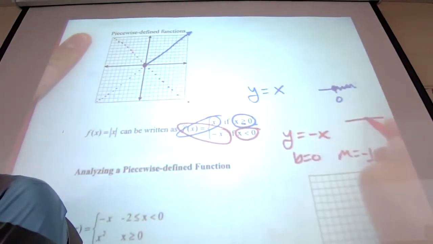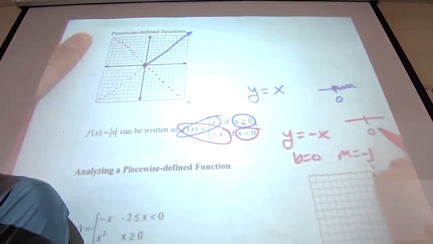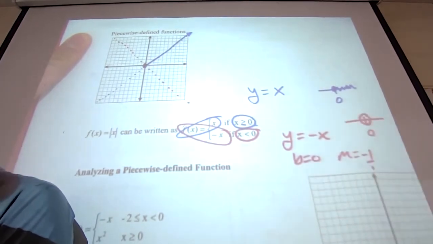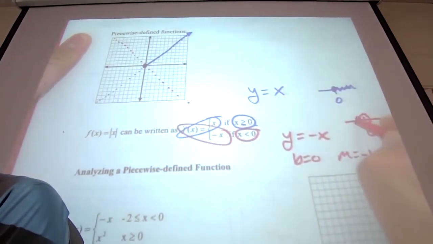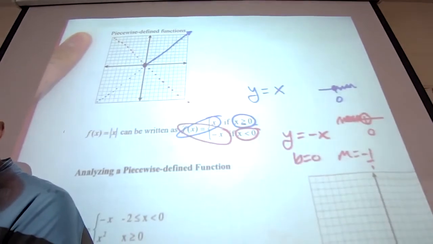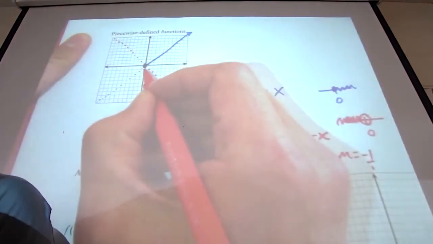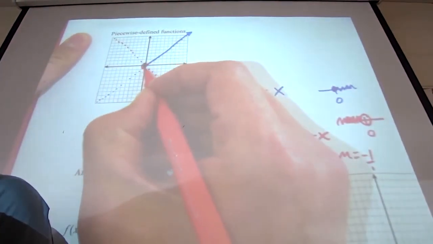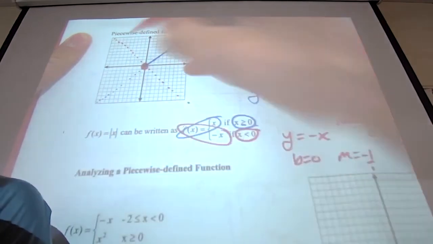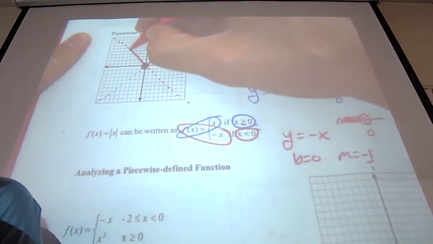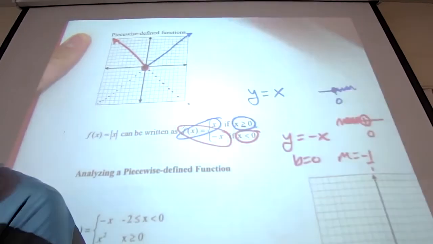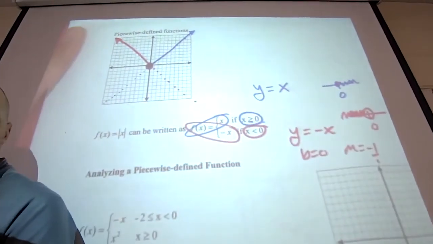X is less than 0 right here. That's a parenthesis, or in this case, I'm going to do an open dot. And I'm going to shade to the left because it's less than. So I go to 0, 0. Here's 0. There's my open dot. And now I'm going to shade to the left. So I connect the dots towards the left.